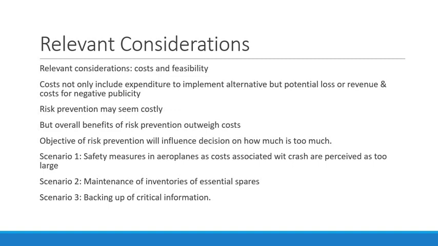Now we look at 3 scenarios where a substantial amount of costs are spent in order to ensure that risks are prevented or managed. The first scenario is regarding the makers of passenger aircrafts. The manufacturer of passenger aircrafts attempt to make sure that none of the parts of the aircraft fails.